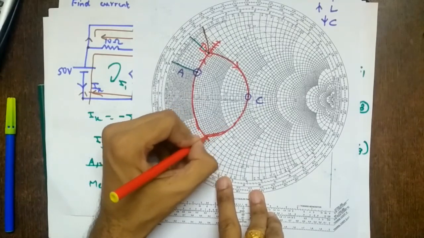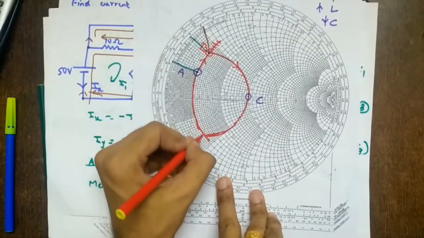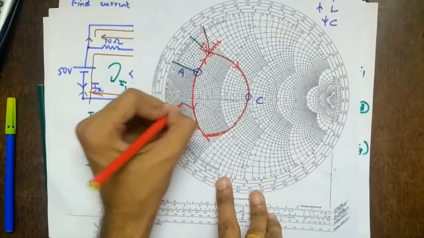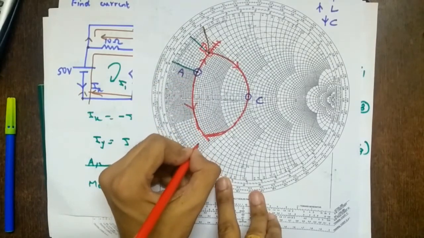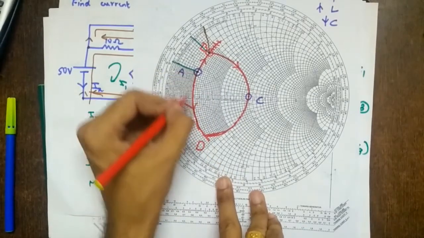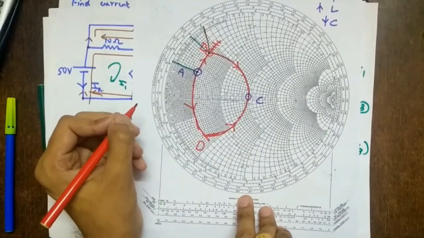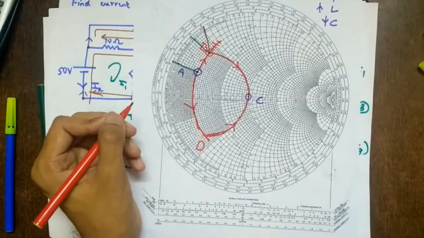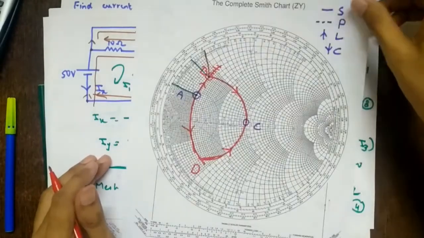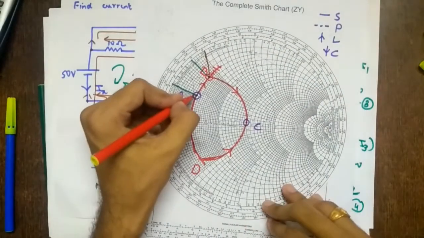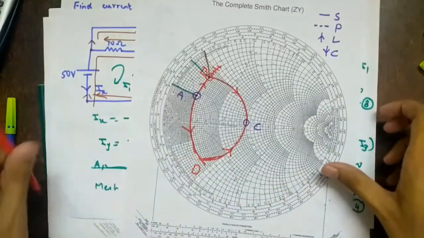I am drawing this just for explaining, so you can do it directly. I am moving from A to some point, let's say D, and then from D to C. This way I am getting there. Here I have moved along a constant resistance circle.